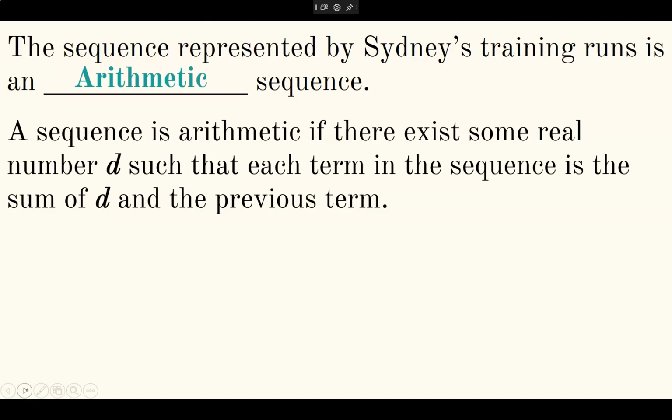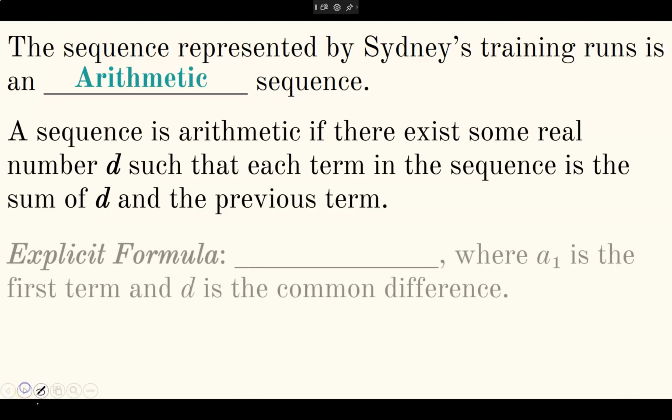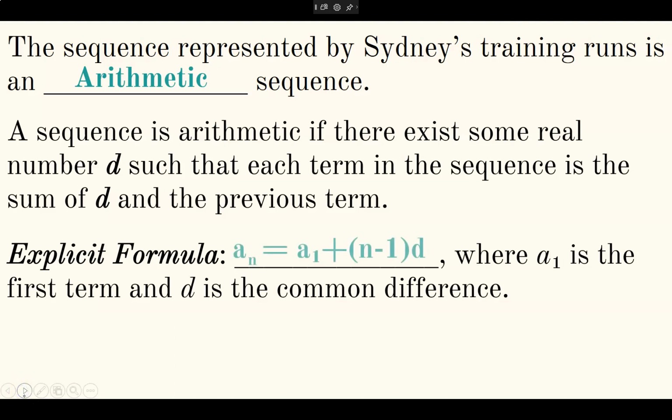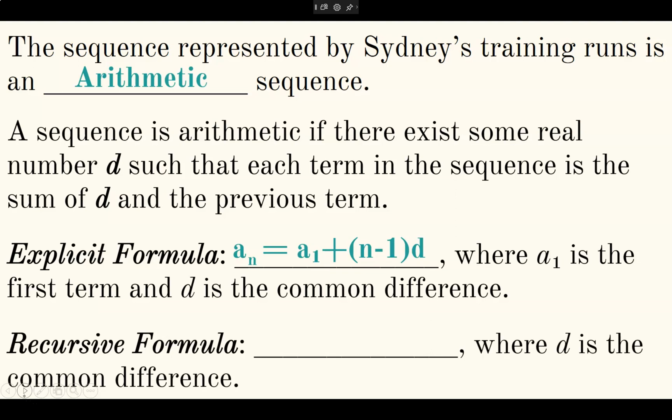That's what that means. There were two formulas we did yesterday. Let's remember them. We had the explicit formula. Who remembers what that formula was? What did we need for the explicit? Everything equals the first term plus the difference times the number of the term minus 1. Good. Yes. So we needed the first piece and our difference.